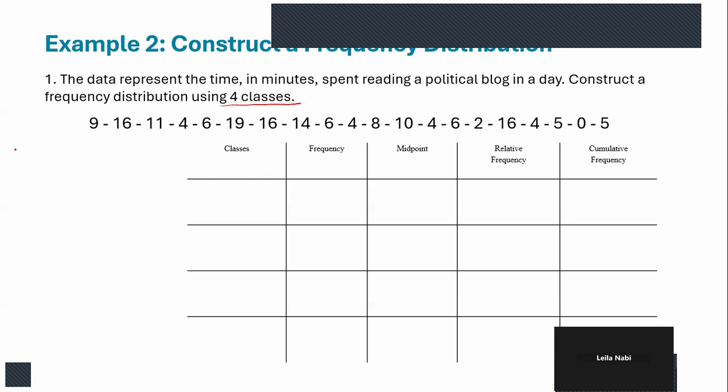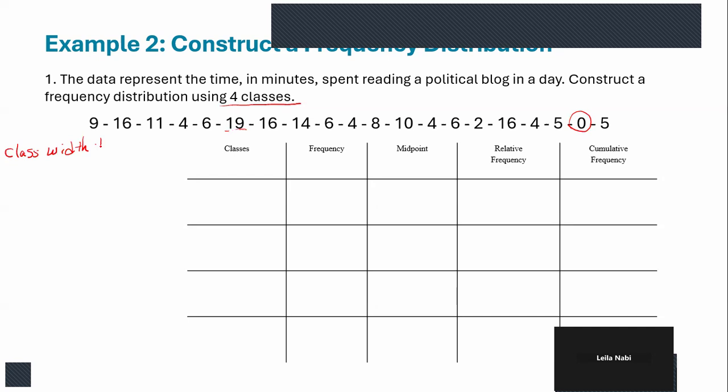The class width is based on the maximum number and the minimum number, divided by 4 because we only want 4 classes. If you look at this data set, the minimum number is 0. The maximum number is 19.